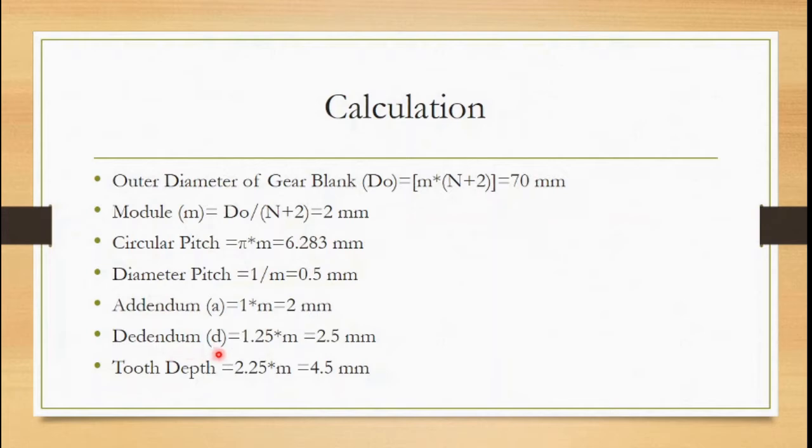Dedendum is calculated by using the formula 1.25 into module equal to 2.5 millimeter. Tooth depth can be calculated using the formula 2.25 into module. You will get 4.5 millimeter. That is the tooth depth of the gear teeth.